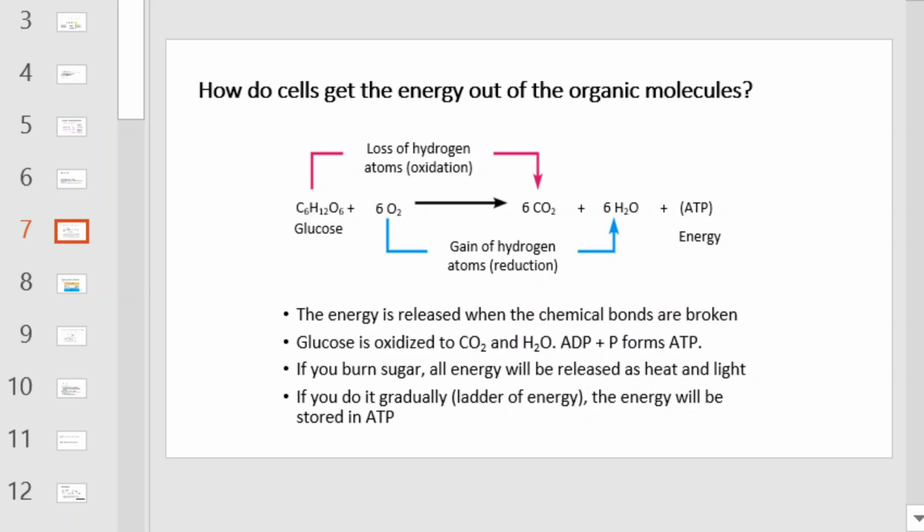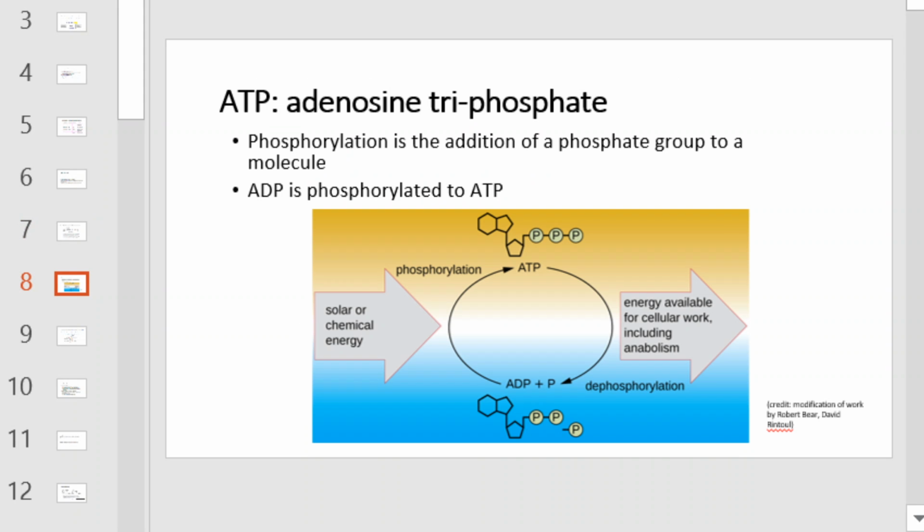There is so much energy released simultaneously that it's actually biologically dangerous. Therefore, in living systems, the standard way of releasing energy from sugar involves doing it gradually, creating almost a ladder of energy. The energy will then be stored in ATP and harnessed safely.